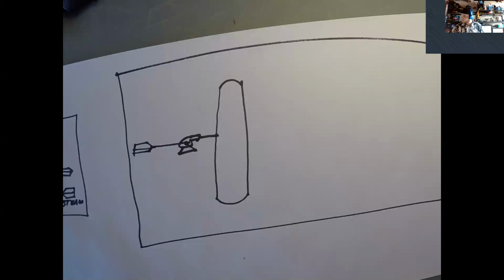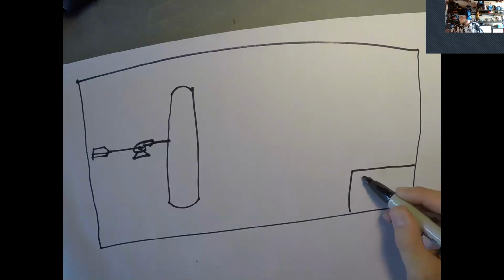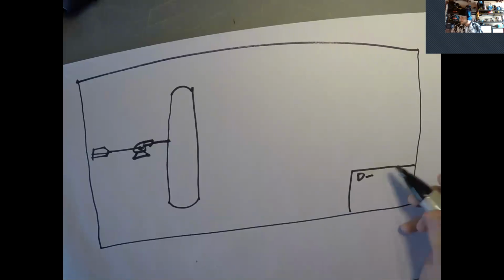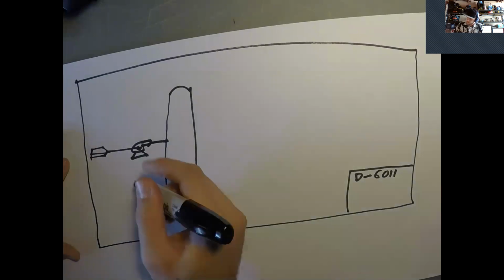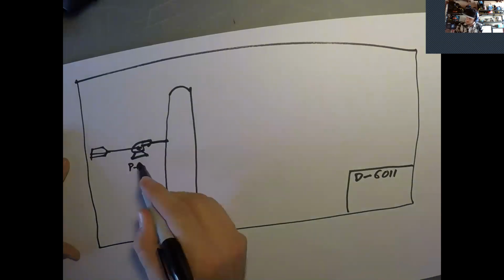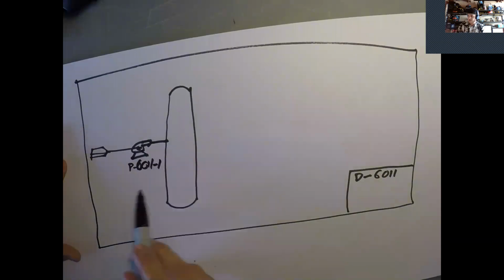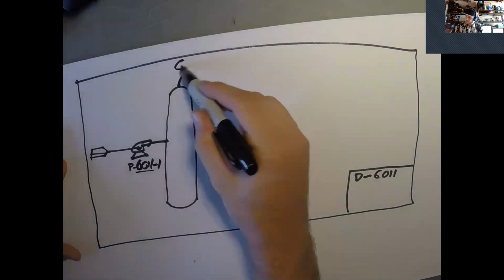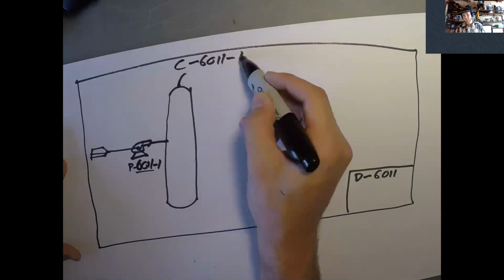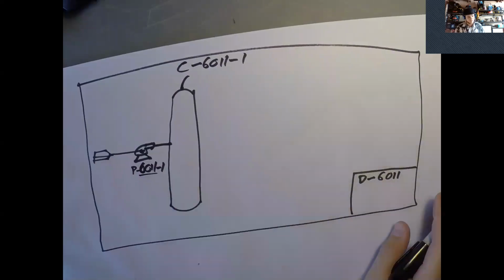So it becomes really important when you're making these that you follow some kind of numbering convention. So your drawing might be drawing 6011, just making that up. This pump would now be P6011-1 because it's the first pump on here and it's drawing 6011. And this column would be C6011-1, and so on and so forth. And so that's usually how unit ops in a P&ID are labeled.